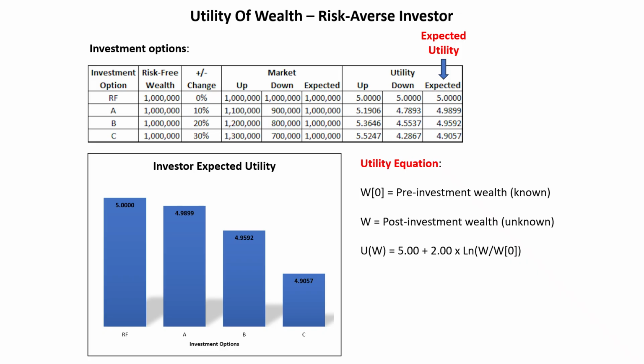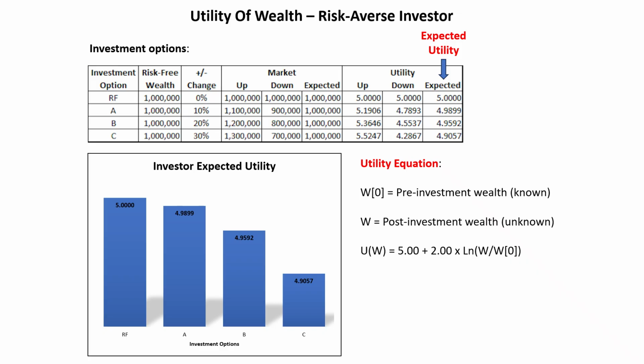Option B is 4.9592, which is less than our risk-free investment and investment option A. And then for investment option C, it is 4.9057. Here the utility is less than our risk-free investment, option A, and option B.